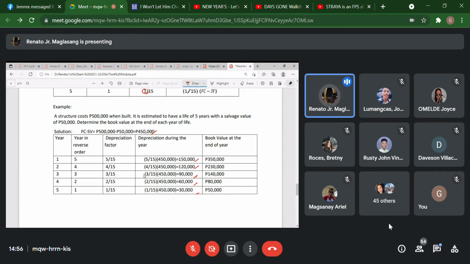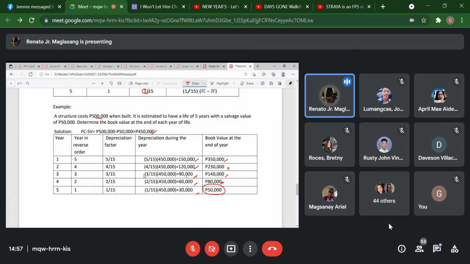Then the book value at the end of the year: 500,000 minus 150,000 is 350,000. Then 350,000 minus 120,000 is 230,000. 230,000 minus 90,000 is 140,000. 140,000 minus 60 is 80. So 80,000 minus 30, you have the salvage value, which is 50,000.